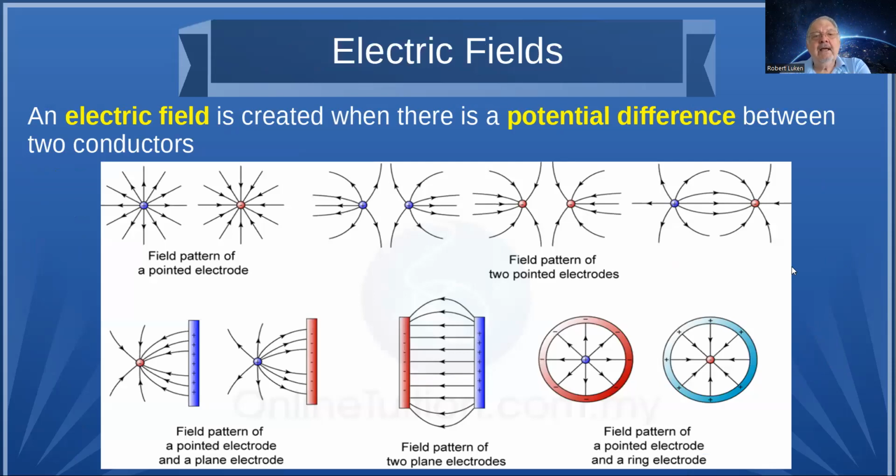These are just some different examples of electric fields. So if we have just single pointed electrodes that have potential difference between them, you can see that the E field radiates from one out in a radial pattern.